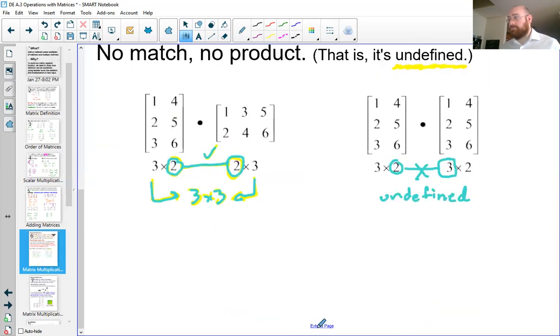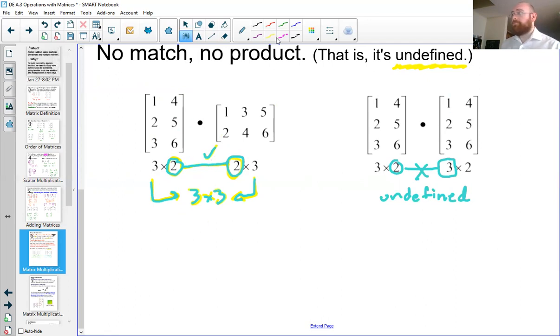In fact, we can dive a little bit deeper into this. Notice that whether or not we can add or subtract matrices is independent of whether or not we can multiply those two matrices.